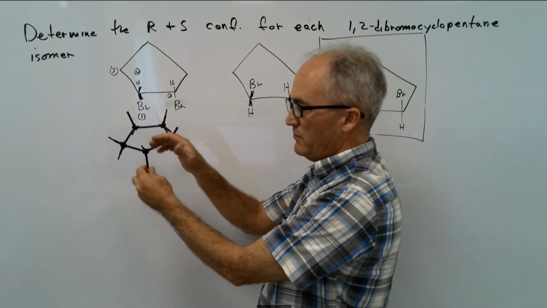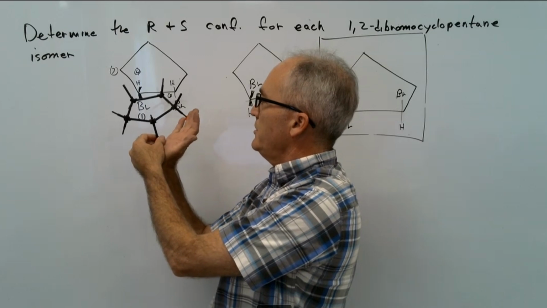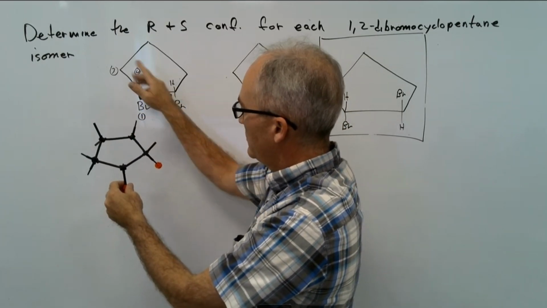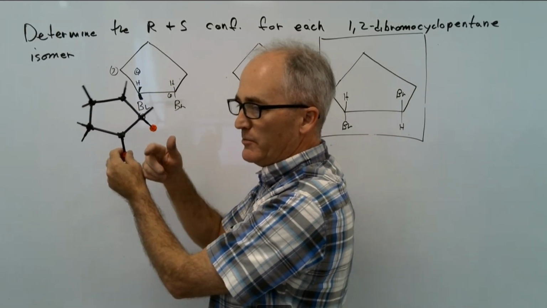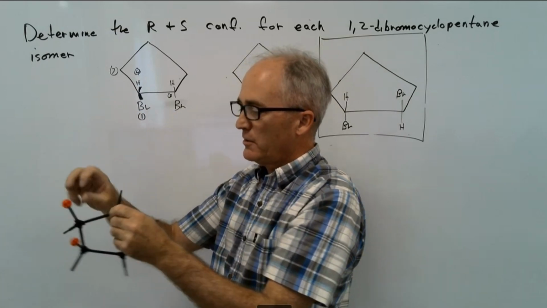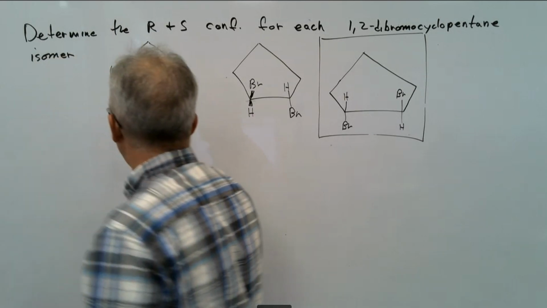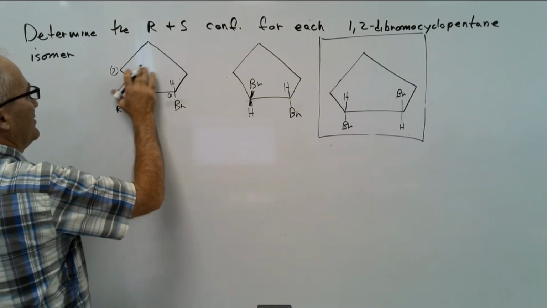Here's my thumb coming out towards the hydrogen, and I curl from number 1 to number 2 around to number 3. 1, 2, 3. Looks like I'm turning the car to the left. The steering column's in the wrong position. I'm turning it like this. Here I'm turning it to the right. All right, so 1, 2, 3. This must be R.